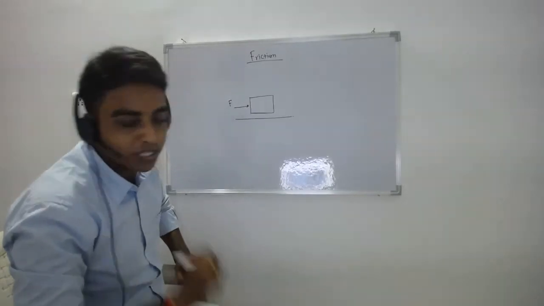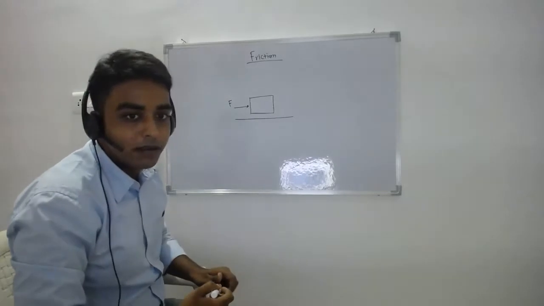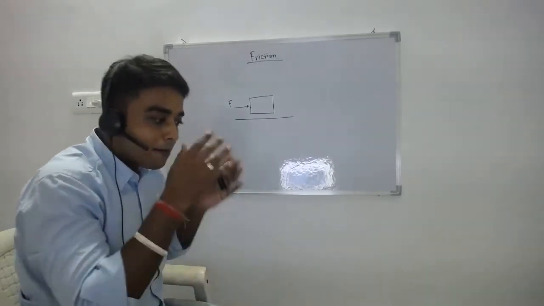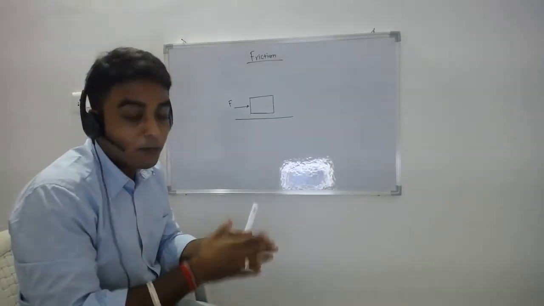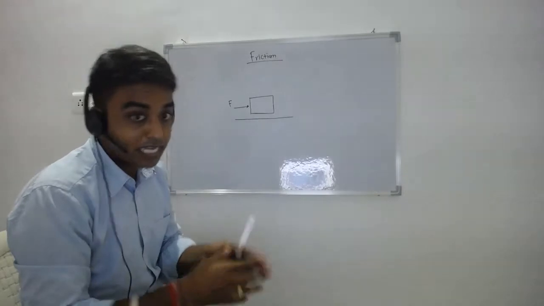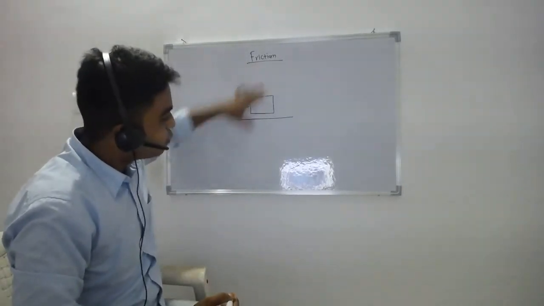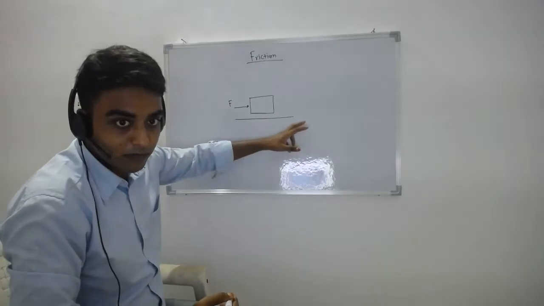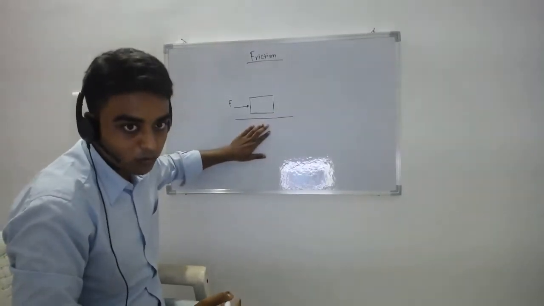Means there is a relative motion. Relative motion is where an object is moving with respect to another object. So here the surface of this object is moving forward with respect to this surface of the ground.